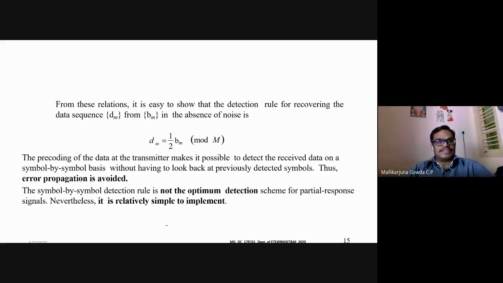So we say error propagation is avoided in this case. The symbol-by-symbol detection rule is not the optimum detection mechanism for these partial response signals. But it is very simple to implement. That is the advantage of it.